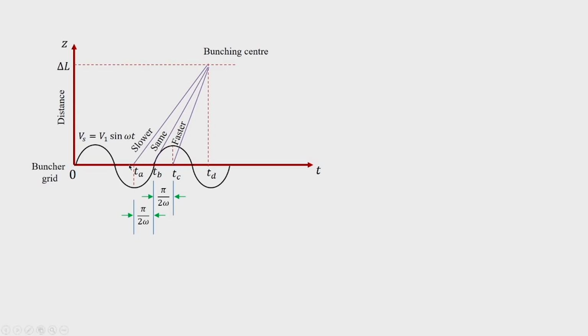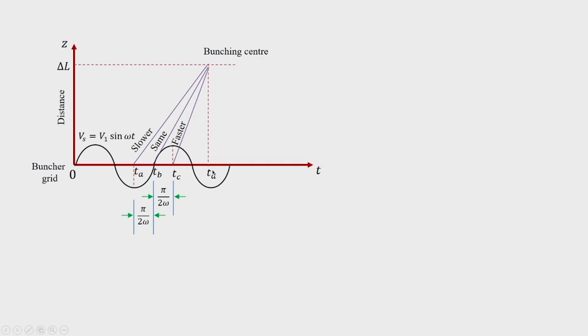Now, when we have this type of scenario where the earlier entering electron is slowed down and the later entering electron's velocity is increased, after travelling some distance which we are denoting by delta L here, they will meet each other.